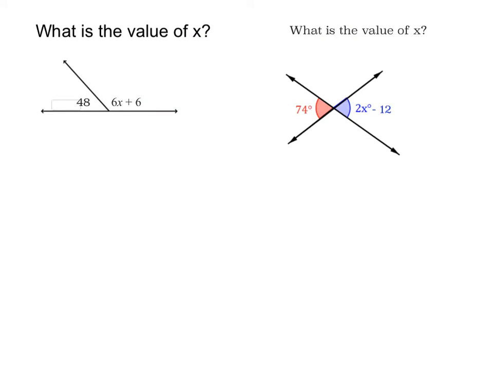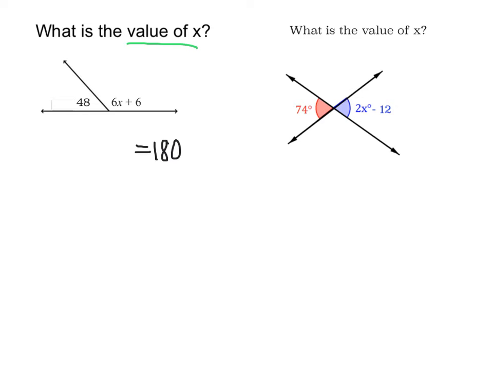Alright, think about what type of angles you have for the first one, what your total should be, set up your equation, and solve for the value of x. Alright, so here I see a straight line, which means I have supplementary angles. I know that supplementary angles equal 180, so I'm going to set my equation automatically equal to 180.